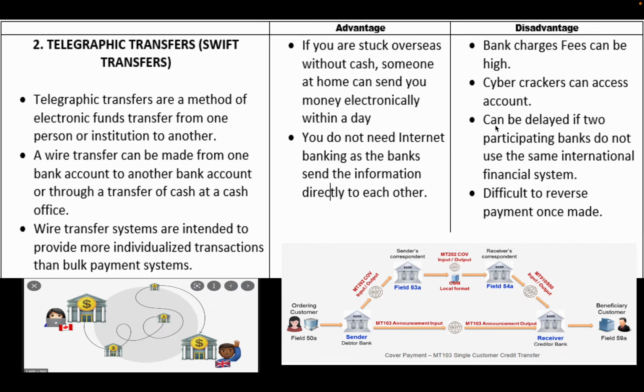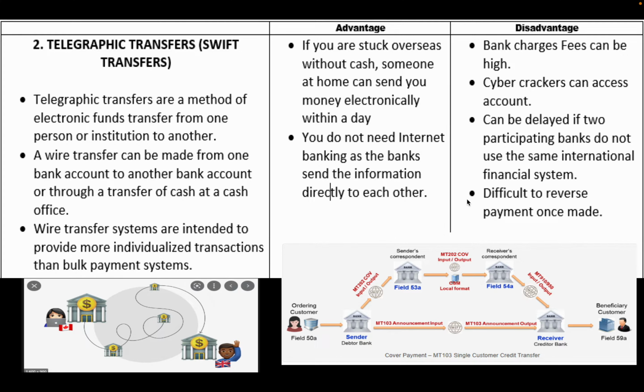So it can be delayed if the two participating banks do not use the same international financial system. So it may delay a little if you and the person you are sending to do not use the same international financial system. Also, it is difficult to reverse the payment once it has been made.